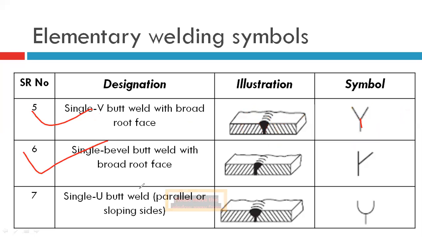Now the sixth number, single bevel butt weld with broad root face. Single bevel. Again, once again, same. One plate vertical surface, another plate having that root and the V shape. Both the things are given for the another plate. These two plates are joined, but the shape should be like this. See that it depends upon the designer or who created this drawing, right?